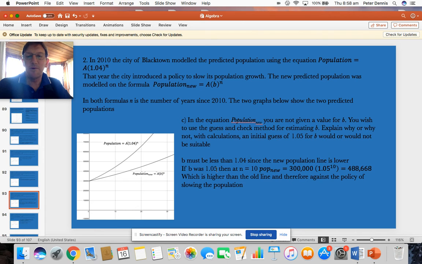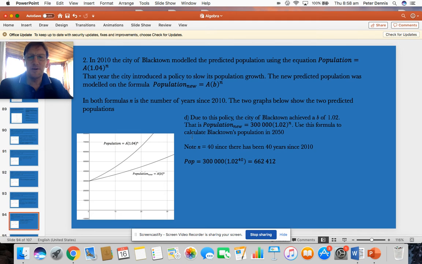If B was 1.05, then at n equals 10, and I've just used some calculations, the population new would be 300,000 times 1.05 to the power of 10, which is 488,000, which is higher than the old line and therefore against the policy. So that's why your first guess, if you wanted to use guess and check, would not be 1.05. It would be something less than 1.04.